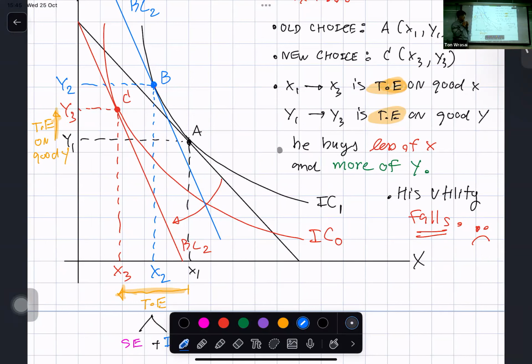A to B first. In the substitution effect, it's the pink arrow. Use this here. The SE on good X drives him to buy less of good X. Yes, SE drives him to buy more of good Y. Check A to B on good Y: Y1 to Y2.